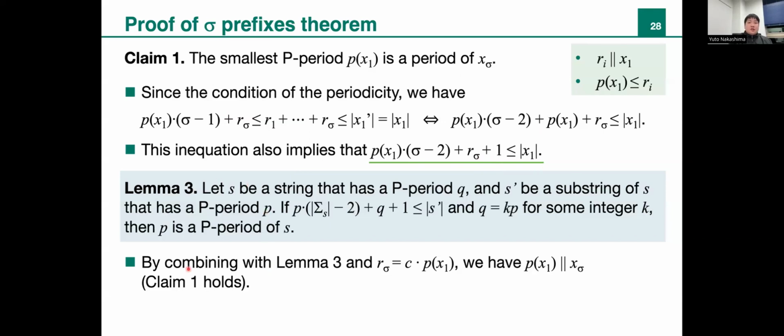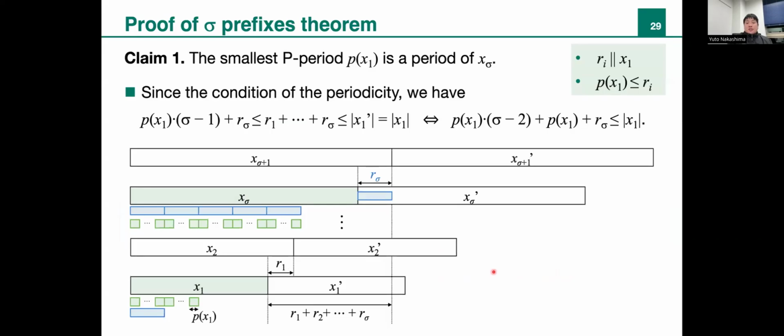Combining with this lemma, and since R sigma is a multiple of the smallest period P of x1, we have that the smallest period of x1 is also a parameterized period of x sigma. So this is an illustration for the proof of this claim.